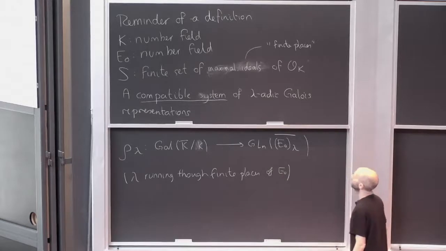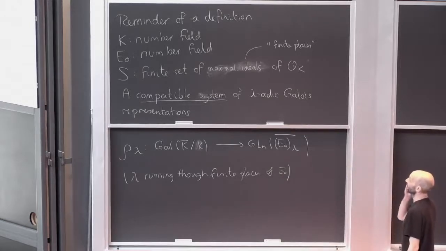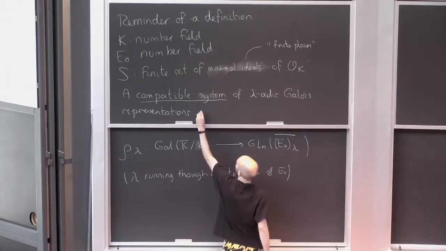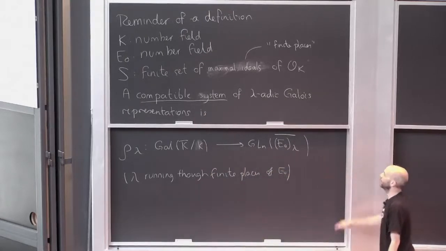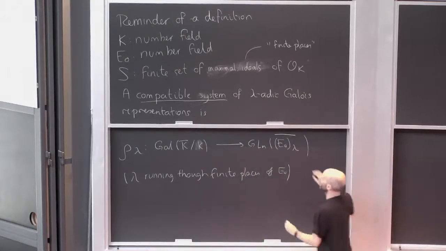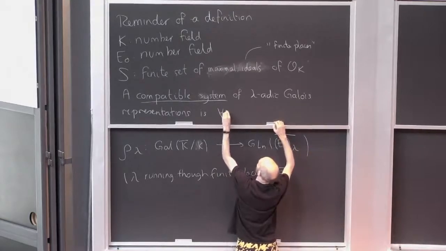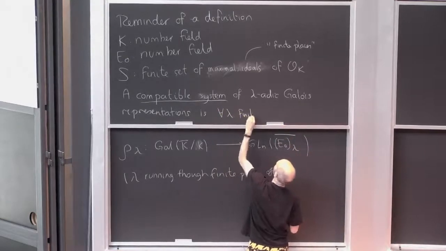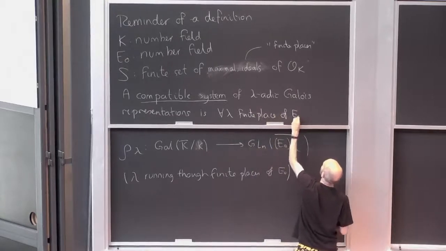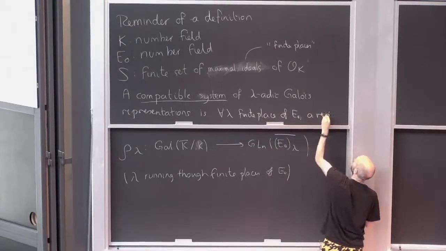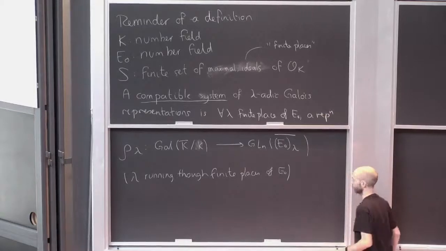A compatible system of lambda-adic Galois representations is all of these, right? So it's infinitely many rows. Maybe I should put that for all lambda finite place of E_0, a representation rho_lambda.